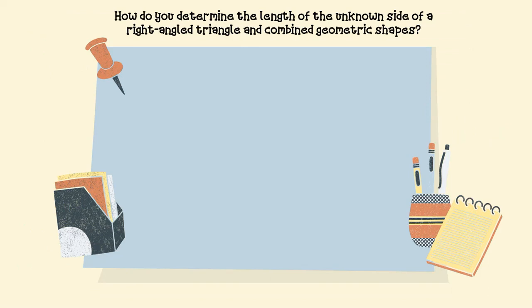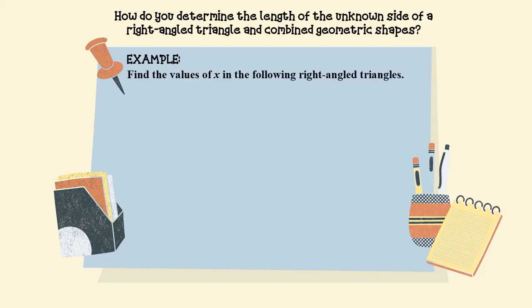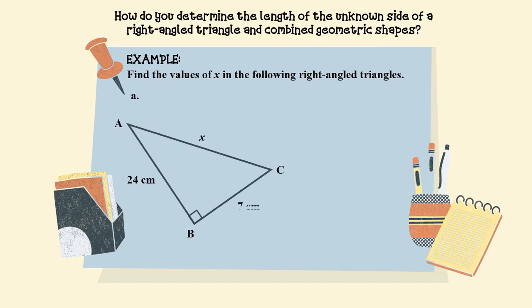How do you determine the length of the unknown side of a right angle triangle and combined geometric shapes? Example, find the value of x in the following right angle triangles. Okay, given the diagram like this. So first thing you have to do is identify the hypotenuse. For this case, the hypotenuse is x because this side is opposite to the right angle.